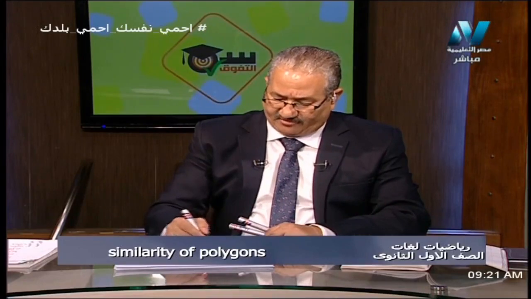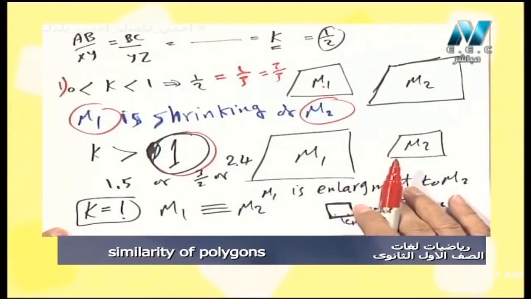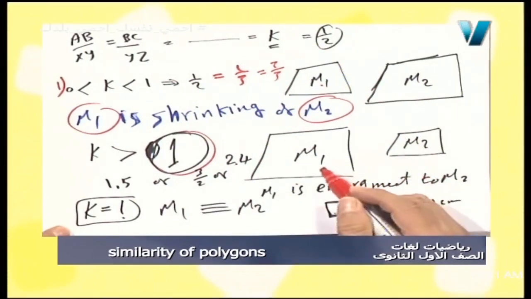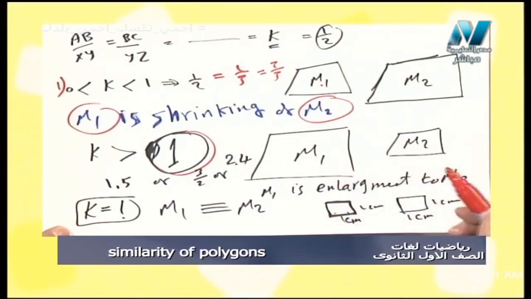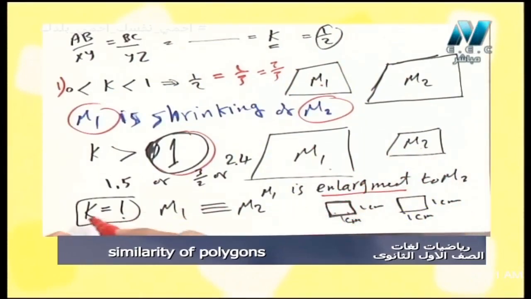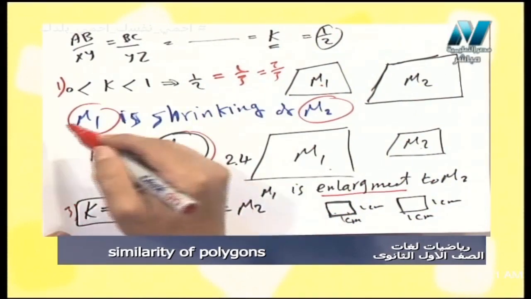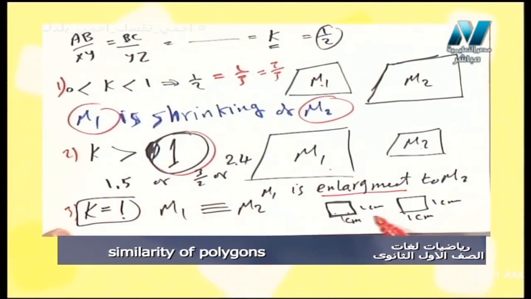If K is greater than 1 as 1.5, 3/2, 2.4, or whatever, M1 will be a maximizing or enlargement of M2. If K equals 1, the two figures, or the two polygons, are congruent.